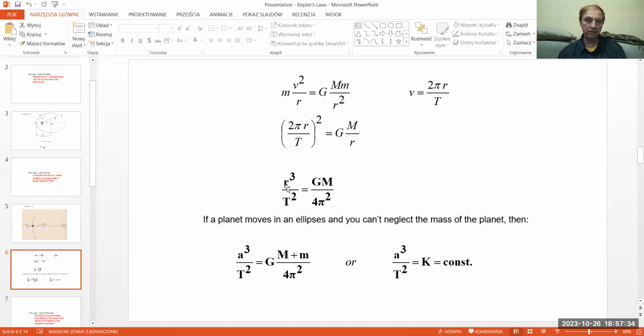On the left-hand side, we have the radius and the period. On the right-hand side, we have G, which is constant, the mass of the sun, which is constant, and 4 pi squared, which is also constant. Therefore, we can conclude that the ratio on the left-hand side, the radius cubed divided by the period squared, is constant and doesn't change.